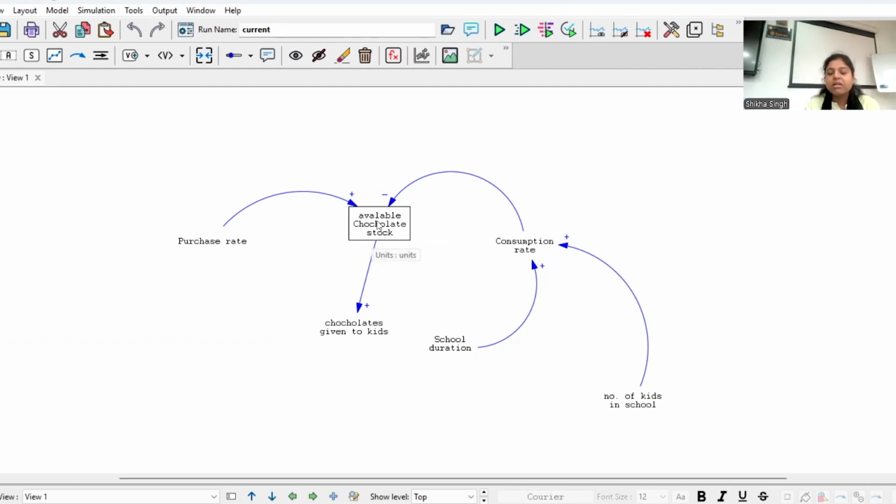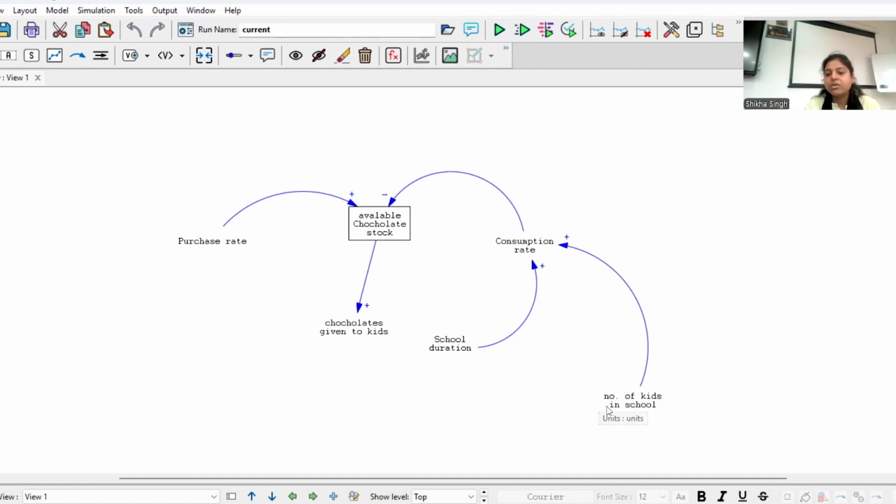Then if the chocolate stock is higher, more chocolates can be given to the kids. Right? Now the consumption rate, one side we are talking about purchase rate, another side the consumption rate. One is increasing the stock and the consumption rate is negatively impacting the stock of chocolates in the school, right?